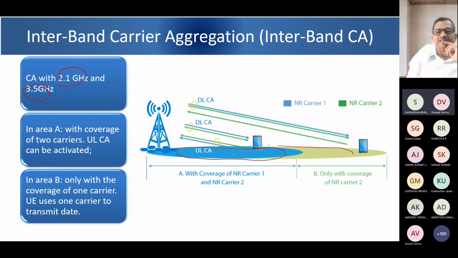Similar concept: when your device is in the blue area, it is able to use carrier aggregation in both uplink and downlink. But if it is in the green area, on the downlink side it is able to carrier aggregate. On the uplink side, it is only using the 2.1 gigahertz. So that is the use case.